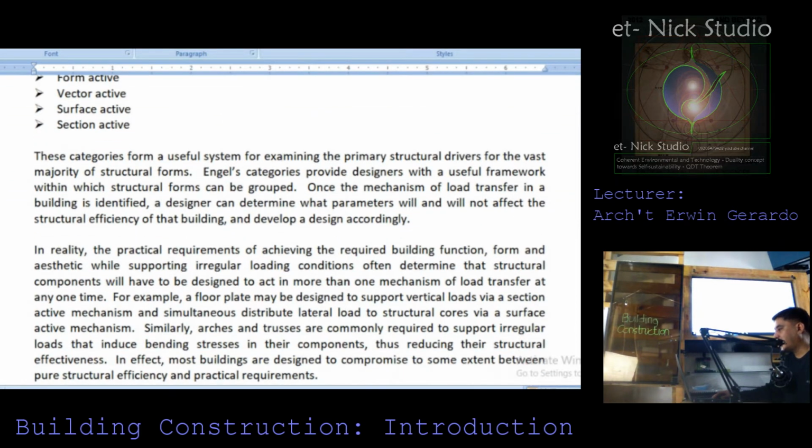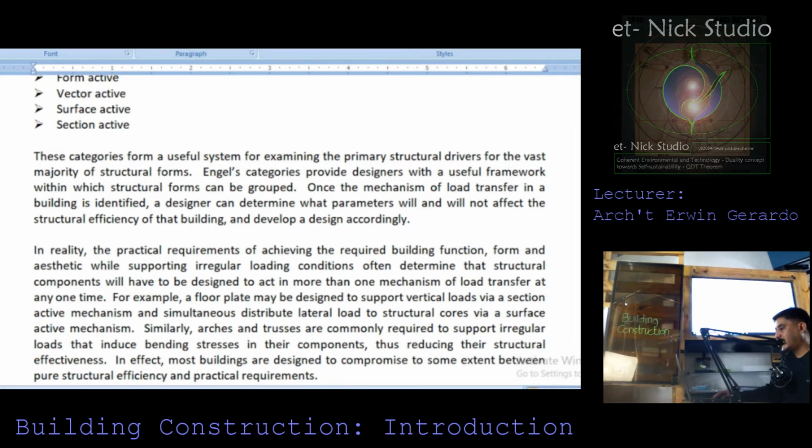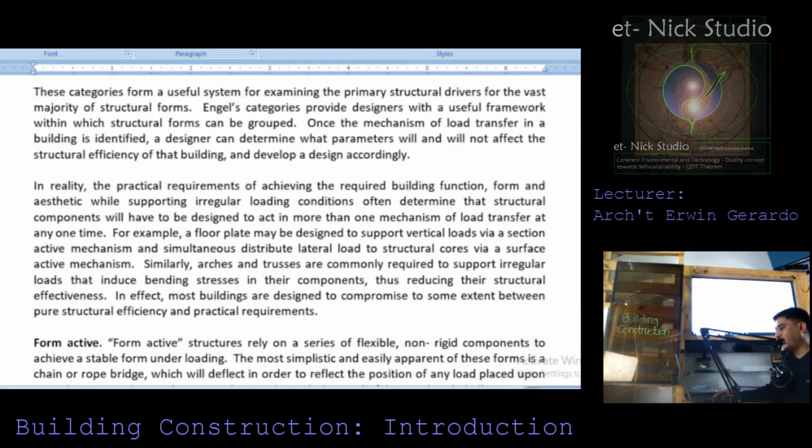One is form active, second is vector active, third is surface active, and fourth is section active. These categories form a useful system for examining the primary structural drivers for the vast majority of structural forms.